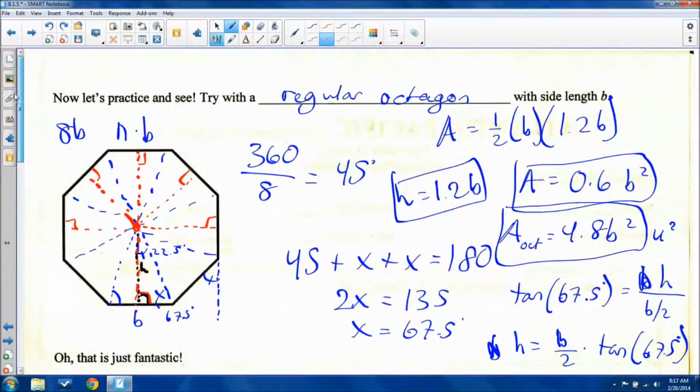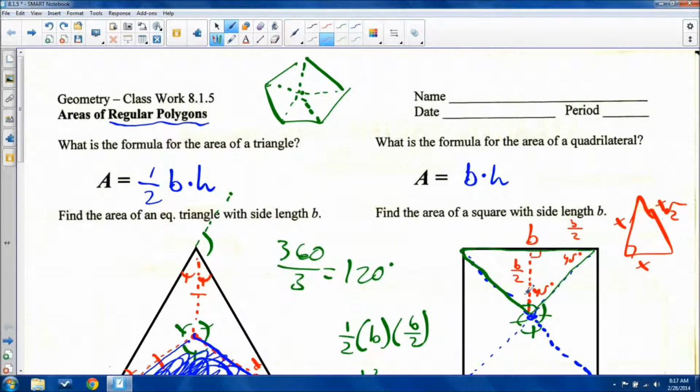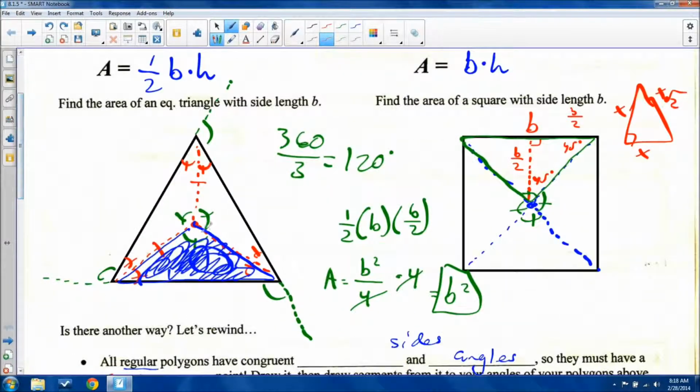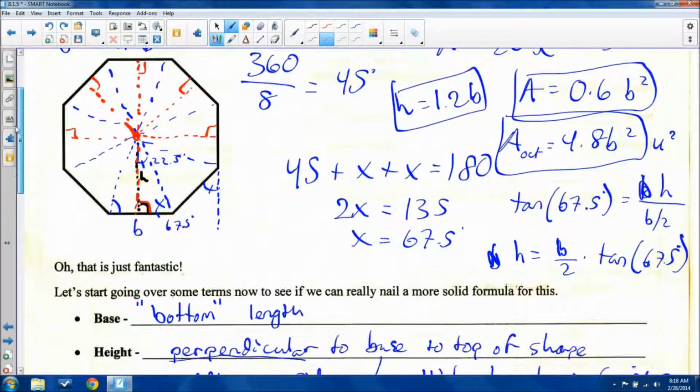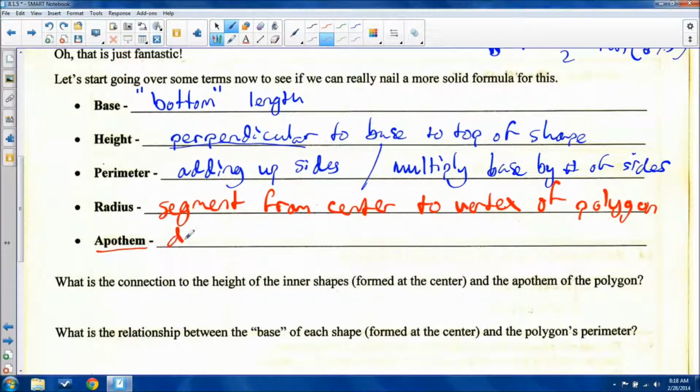Let's go back. The square, this is the apothem. In the triangle, this is the apothem. So the apothem is the distance from center to side of polygon.